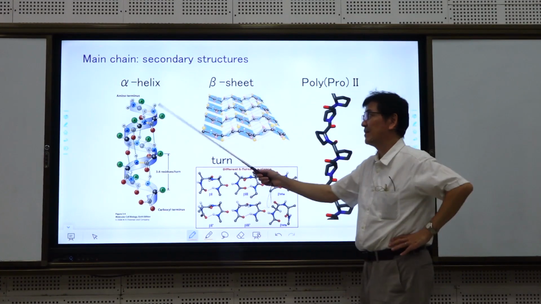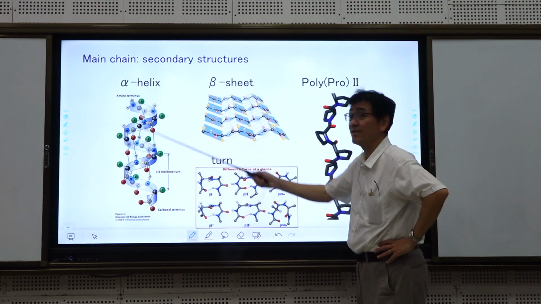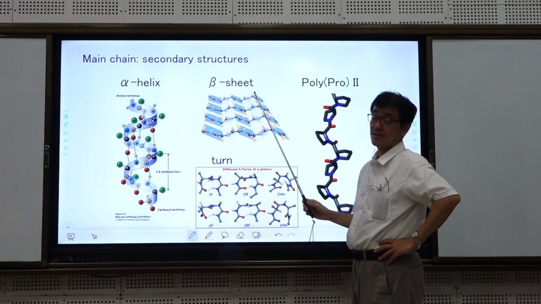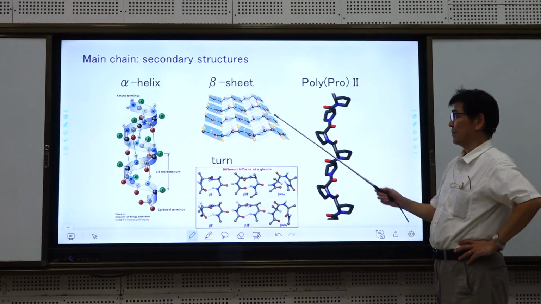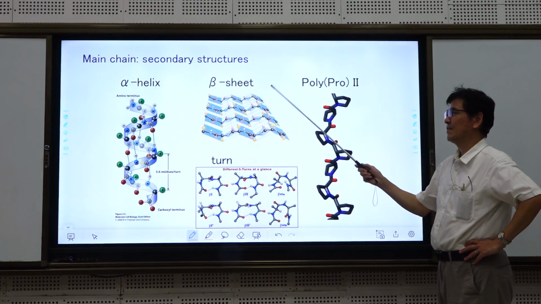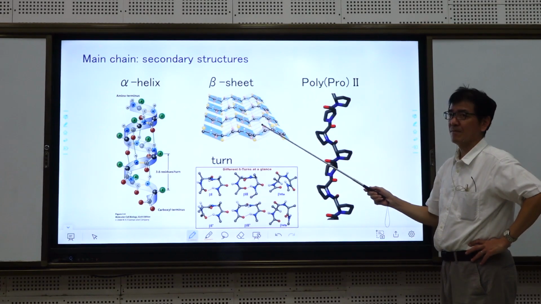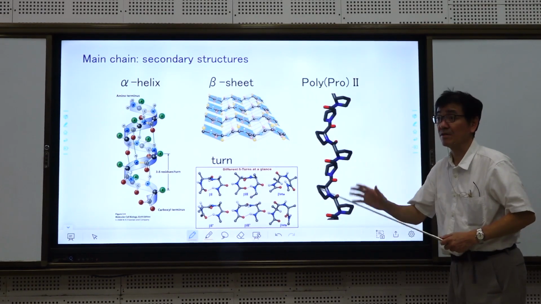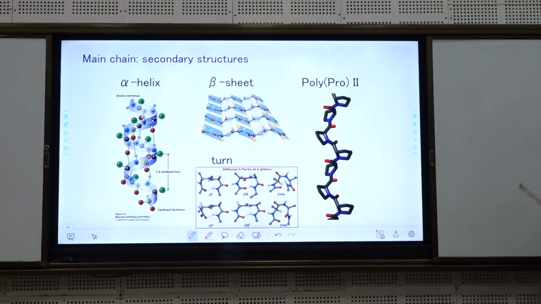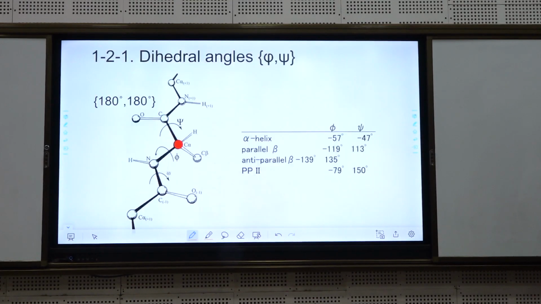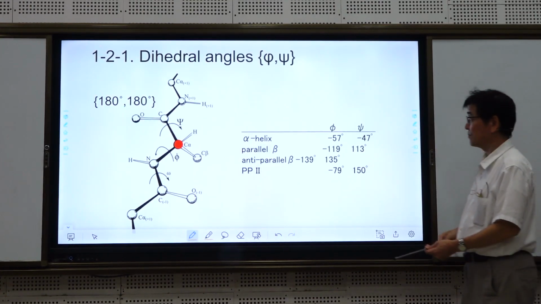And it's very clear when we see the figures of the helical structure and the sheet structure. But this is our understanding, and it should be described in terms of numbers. To describe these conformations, we can use the dihedral angle.